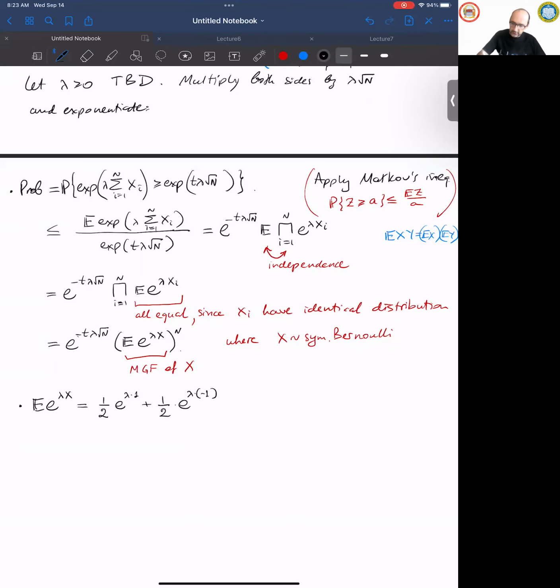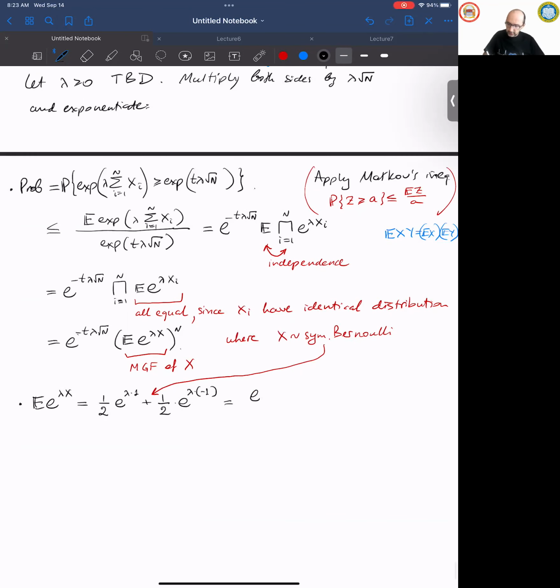And that is because, again, X has symmetric Bernoulli distribution. Is this computation clear? Yeah, that's how you compute expected value. So this is e to the lambda plus e to the minus lambda over 2.